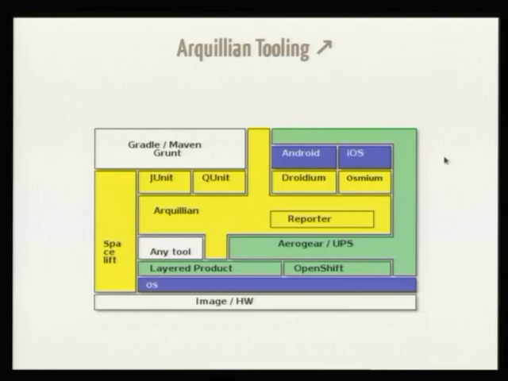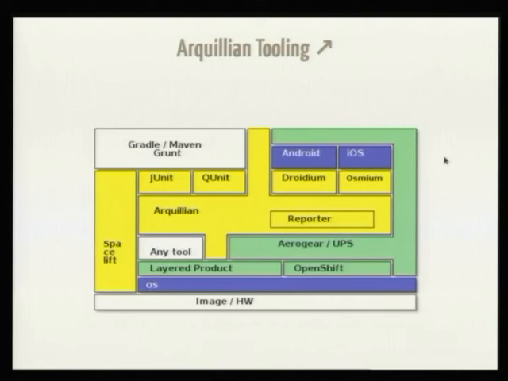Everything above the image or the hardware part is controlled by Spacelift. In yellow, we have our Arquillian umbrella. Arquillian is able to test Java code by using JUnit and TestNG. However, we are able to test also JavaScript-related code using the Arquillian QUnit extension. We are able to test on Android and iOS devices using other extensions called Droidium and Osmium. We have a reporter that is able to report the test execution of these tests.